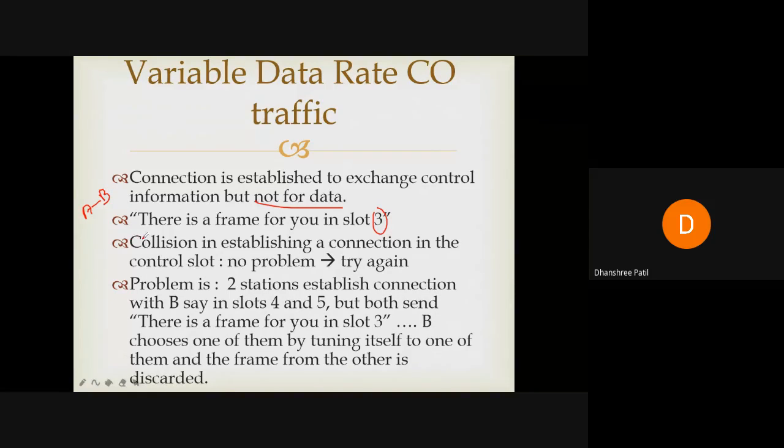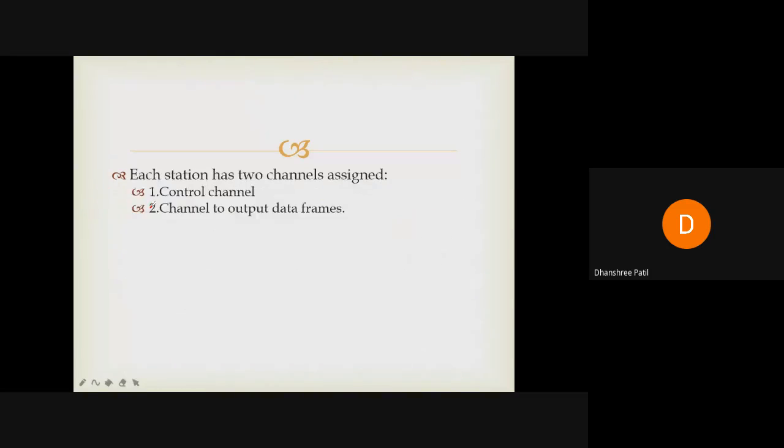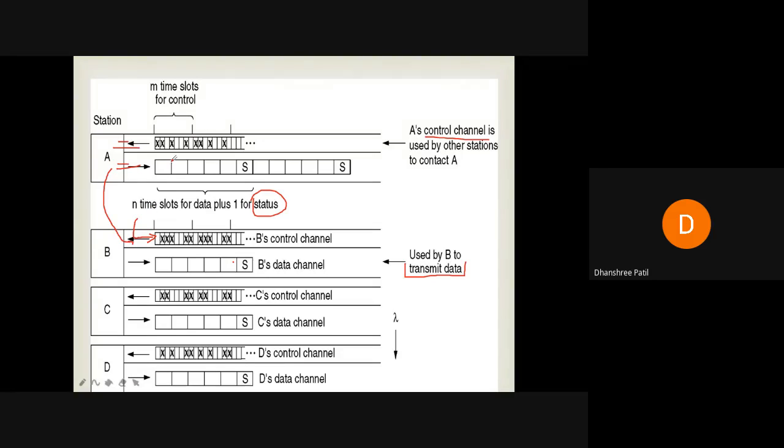There is a frame for you in slot number 3. Whose slot number 3? It is obviously B's slot. Means B has approved the communication request from A, and after approving it, A will send a frame in B's slot.